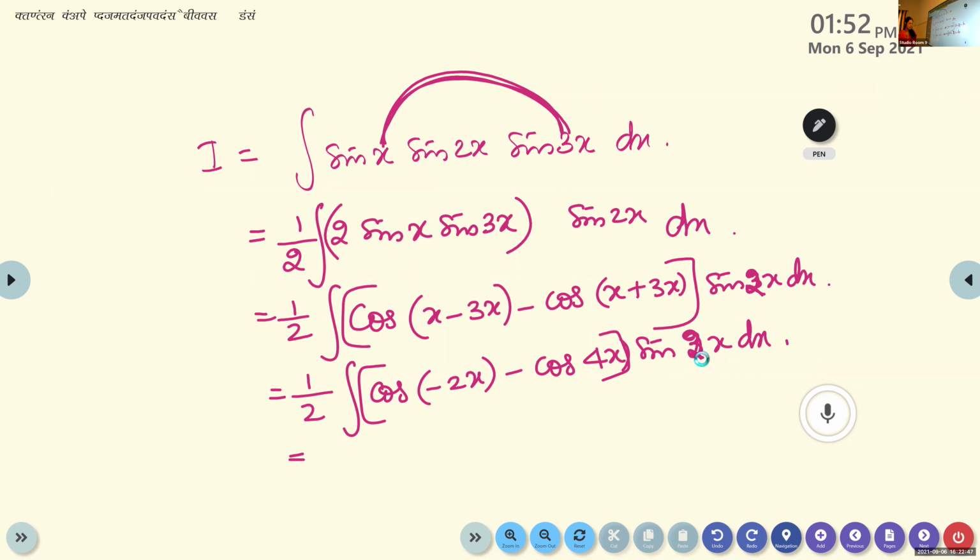Now listen, children. Cos of minus theta, what is cos of minus theta? Gayatri? Cos theta. Okay. What about sine of minus theta?